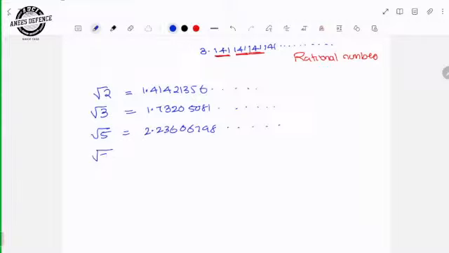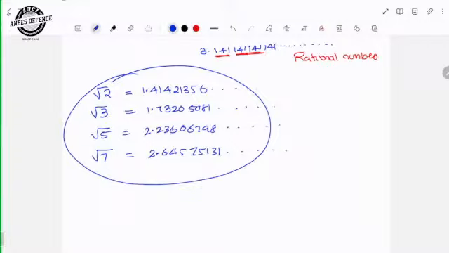Root 7 is equal to 2.645753131. So this is non-terminating and it is going in a random way. We cannot predict the values after decimal points. So these all are irrational. So basically, a surd is an irrational number.